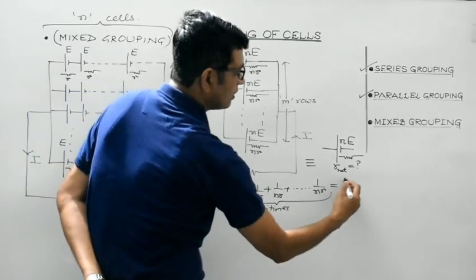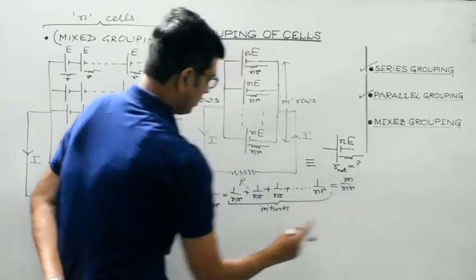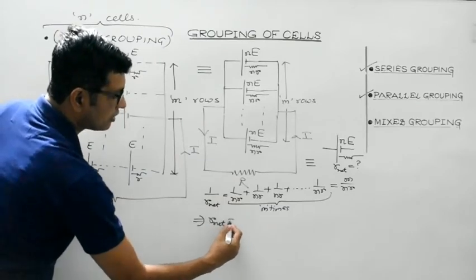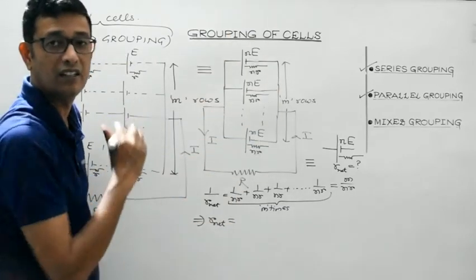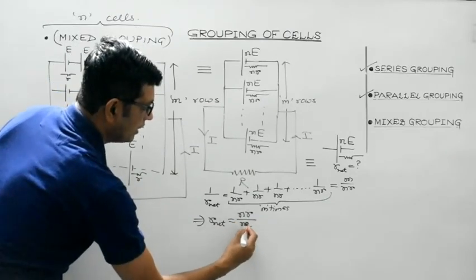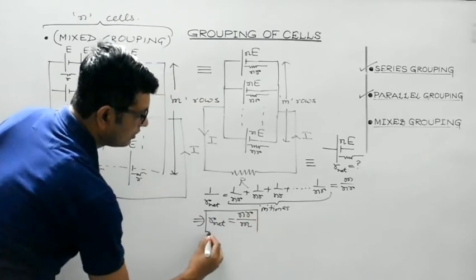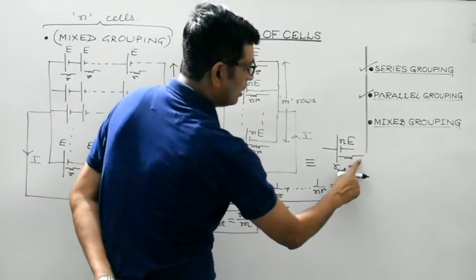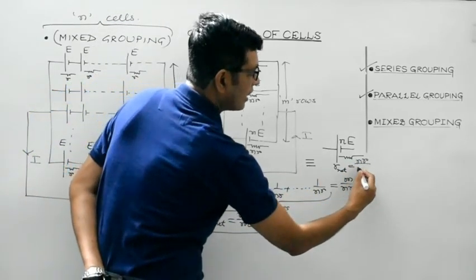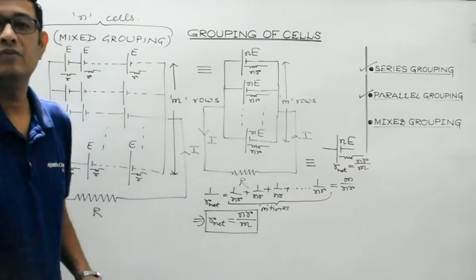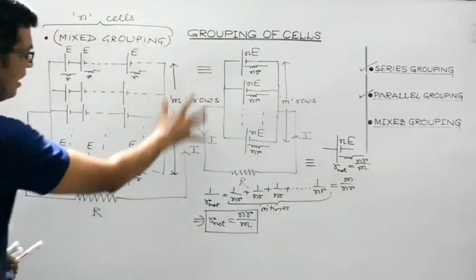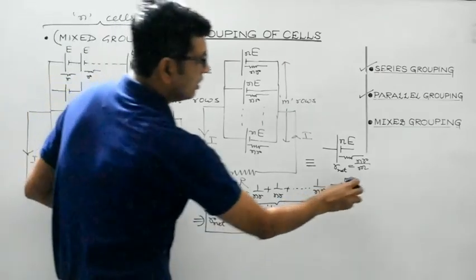So what you get is m by nr. So 1 by R net is m by nr, which implies that the net internal resistance offered by the mixed grouping of identical cells would be nr divided by m. Clear? So we can replace the entire set of cells with a single cell.